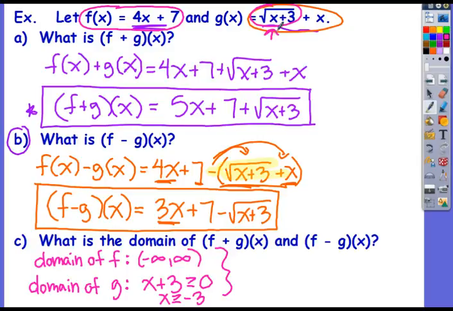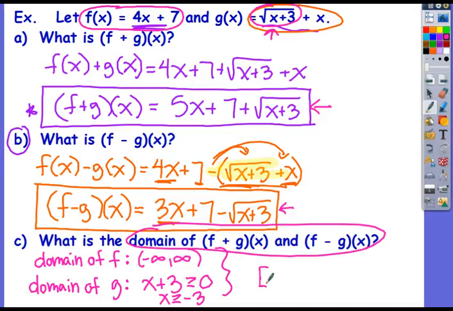So the total domain for the sum or difference functions, the only problem is I cannot take the square root of a negative. So my domain would be -3 to infinity.